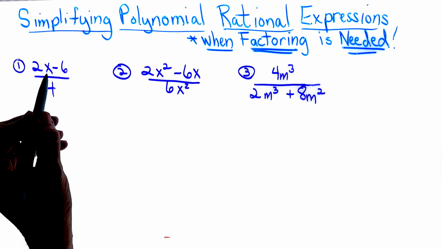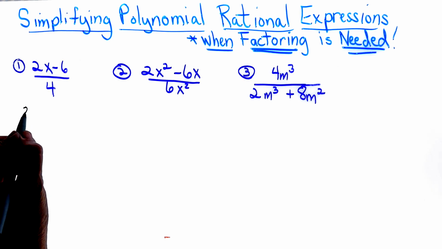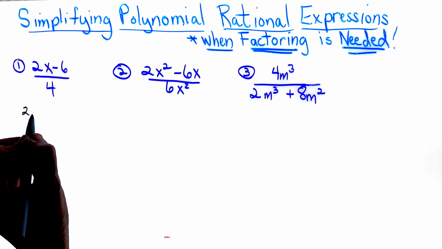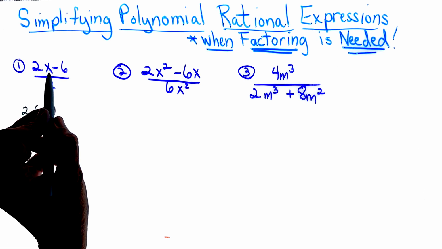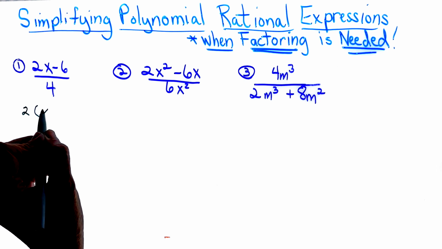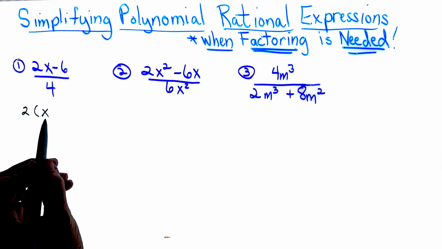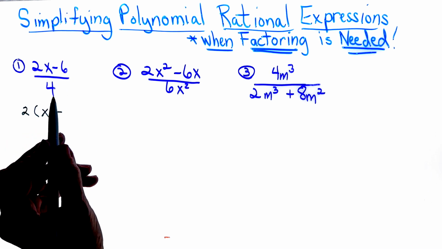Well, I know 2x minus 6 has a common factor, and that is a 2. So I am going to go ahead and take my 2 out. And now this is 2 times, what is 2x, 2 times x, minus 3 times what is 6.